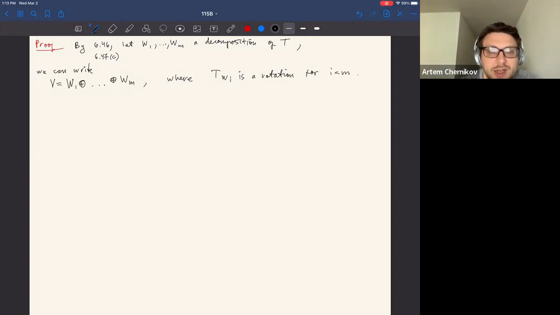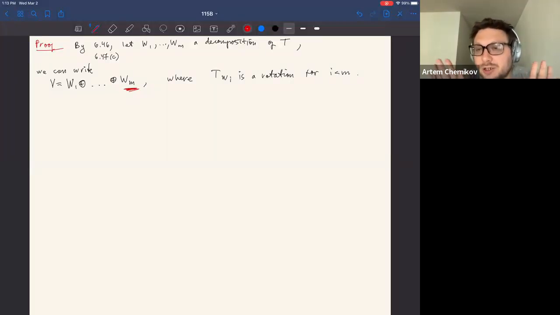So what it's telling us is that at most one operator is a reflection. This we know from 647C. And now I'm just saying, let's take these subspaces in such an order that the possible reflection is going to be in the last position.